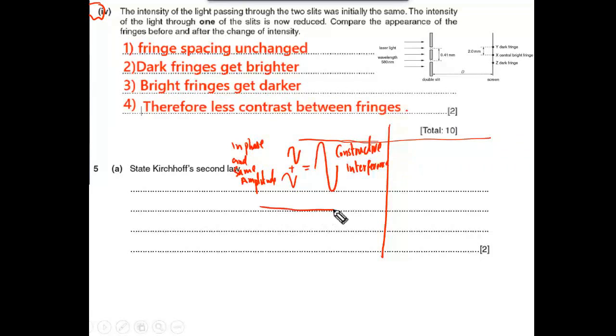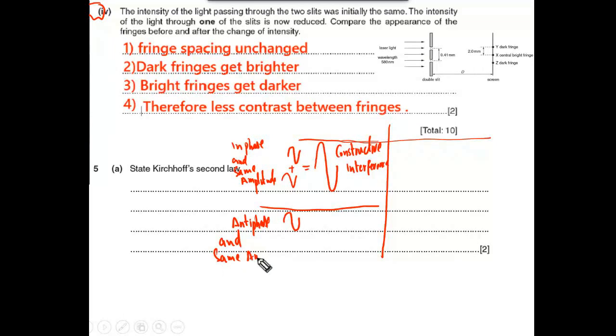Also we have discussed if you have again two waves, I'm talking about these two waves in anti-phase now. So here I will write down, if you have two waves, they are anti-phase and same amplitude.